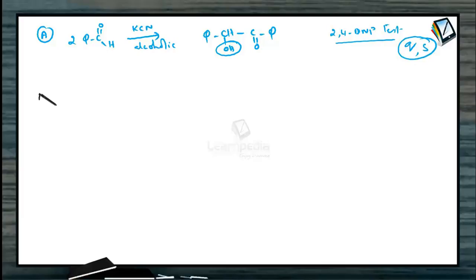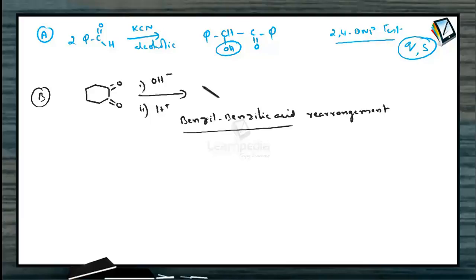And when you take B, it is a diketone in the presence of OH minus followed by hydrolysis. This is benzilic acid rearrangement; the above one is benzoin condensation. And the product formed in this case is a 5-membered ring with an OH group here and an acidic group.